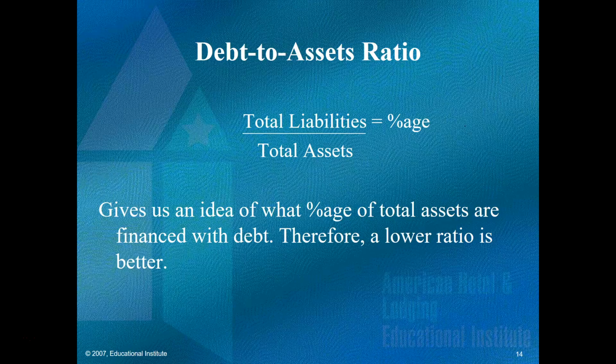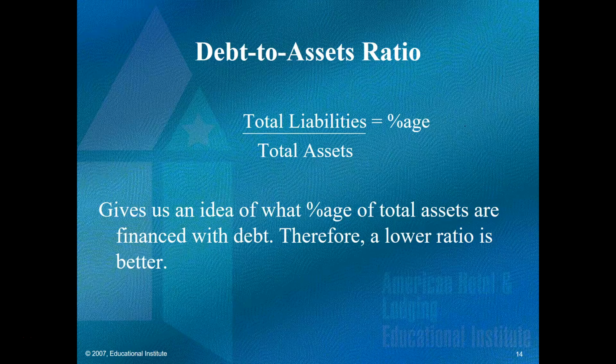Now we're saying that we've got 60 cents in liabilities to every dollar in assets, but it's also telling you that 60% of our assets are being financed using debt. If it gave you a result of 0.75, that would mean 75% of our assets are being financed using debt.